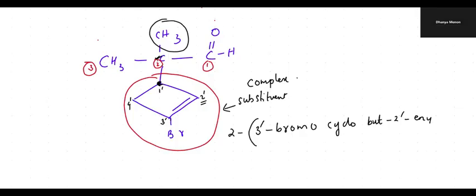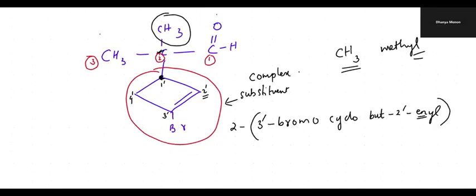For example, if CH3 is the substituent, we write methyl. Same way, 2 dash ene is double bond and yl because it's a substituent. Okay, I close the bracket. At the second position, I have another substituent, that is 2-methyl propane 1-al.